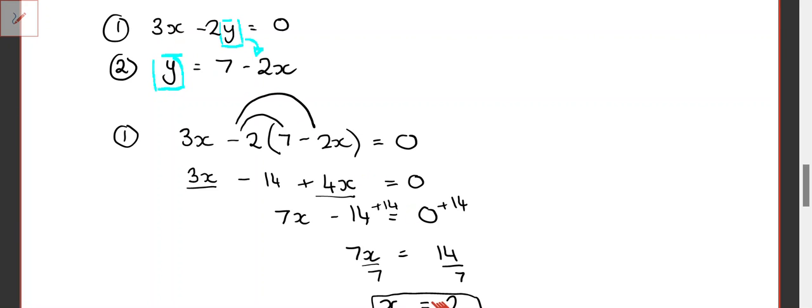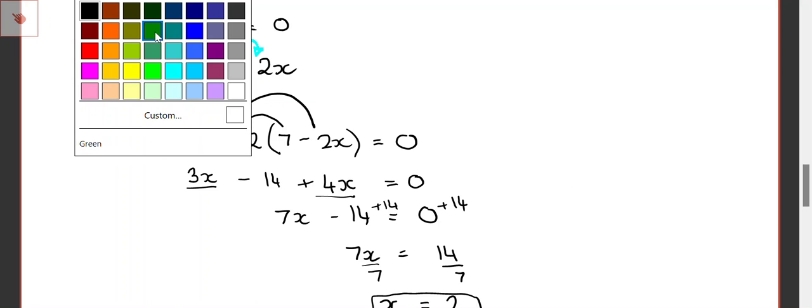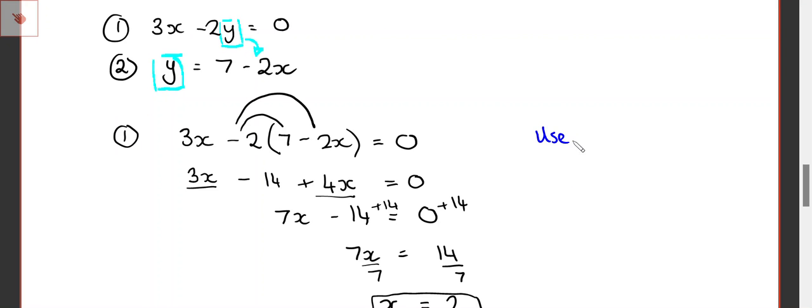I could put this value into the other one and work out what y needs to be, but it just makes sense. If I'm trying to find y, let's use the one that says y equals. So I am going to use x equals 2 in equation number 2.